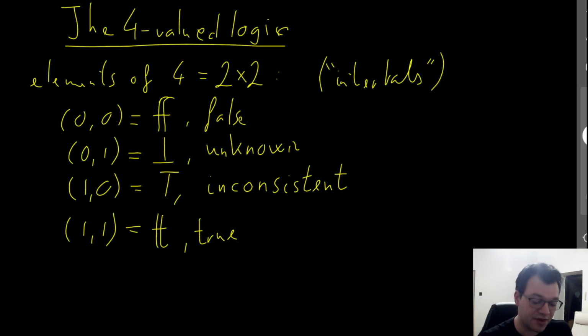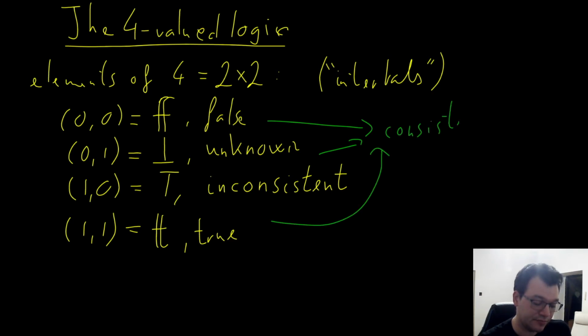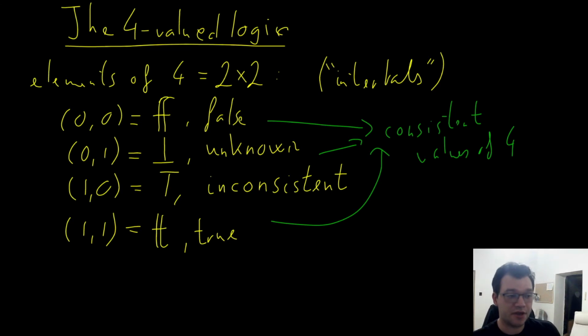Now the other 3 options are called consistent values. So this guy here is the only inconsistent value, and the other 3 are consistent values of the 4-valued logic.